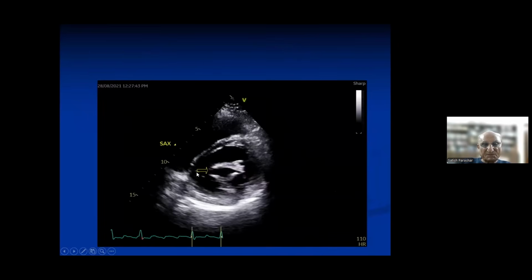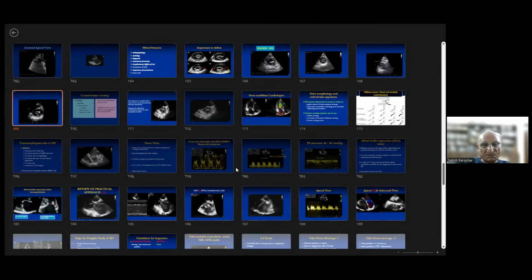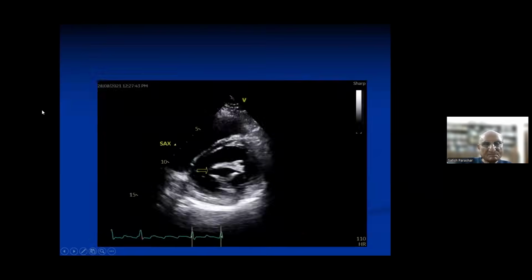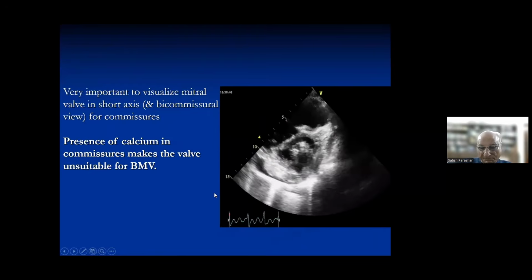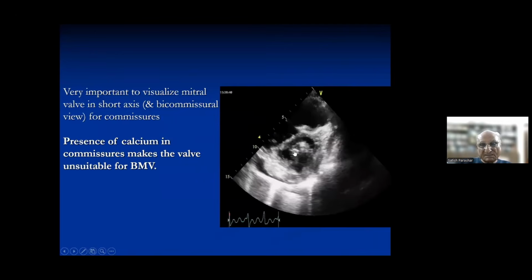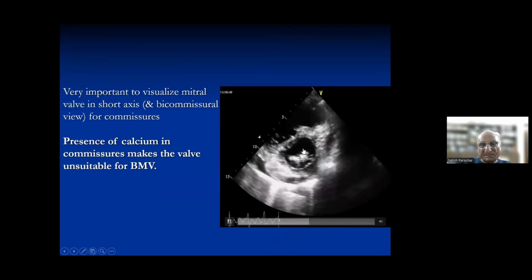So always look at the commissures first, to see whether it is a rheumatic involvement or not. Now you see, this is a calcified commissure.